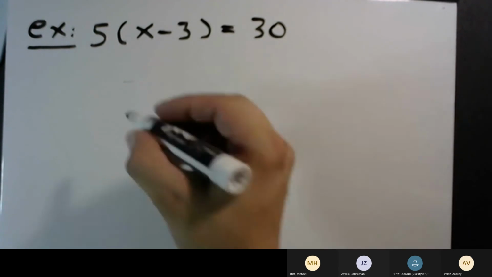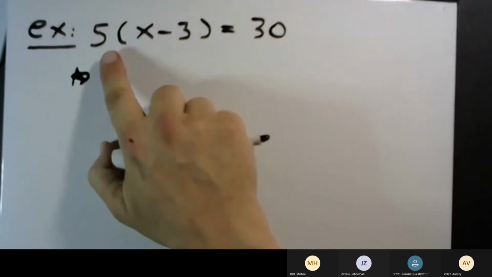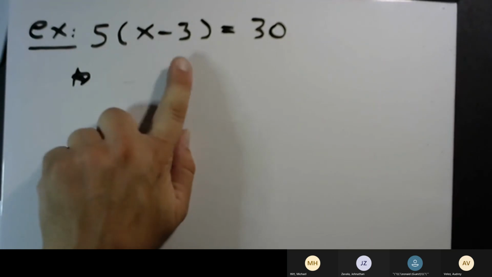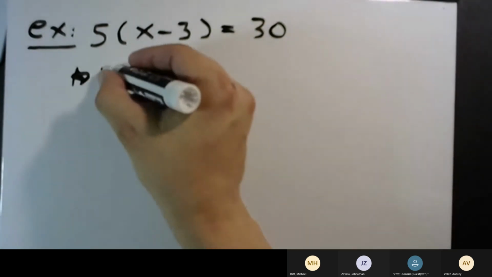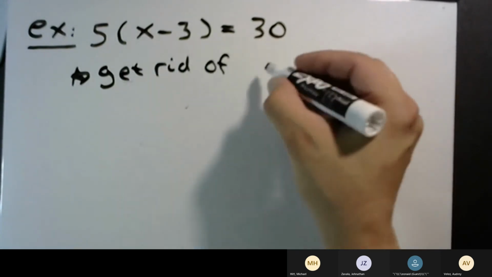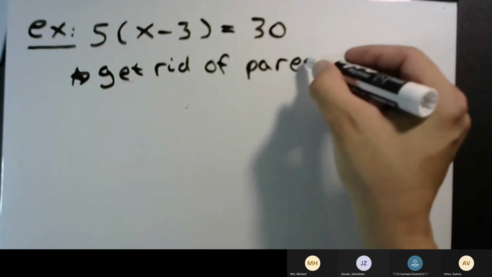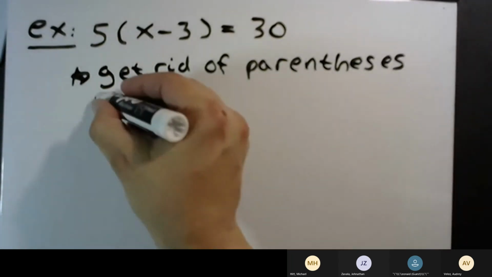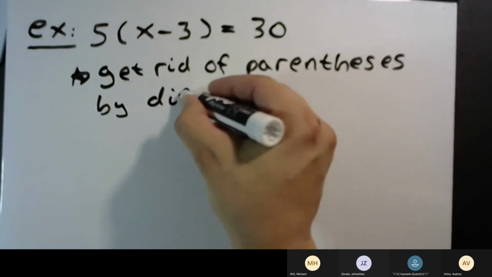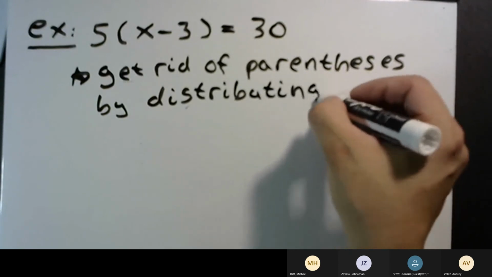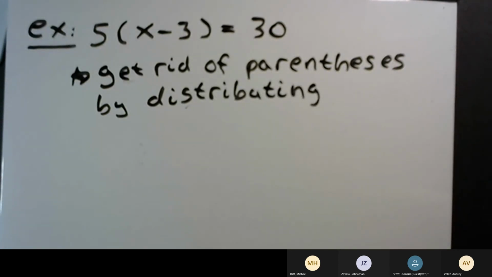So here's a pro tip. When you have something multiplied outside parentheses, you can do this one of two ways. You can either distribute the 5 to get rid of the parentheses. We'll do it both ways. Or we can divide by 5. We'll go through both methods. And again, this is the power of distributing. We can distribute to get rid of parentheses.